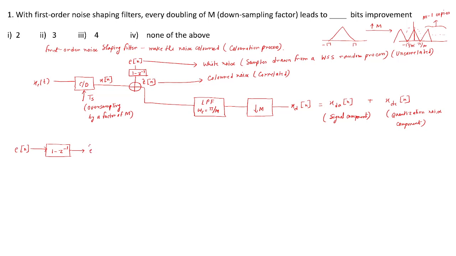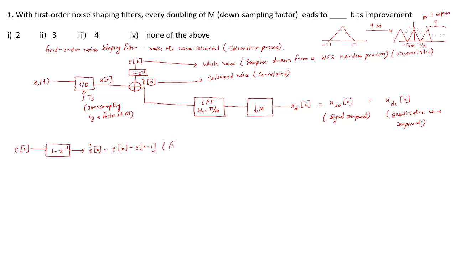Therefore, when I say e hat of n, you can clearly say by taking the inverse z transform, which is trivial, it is nothing but e of n minus e of n minus 1. The new samples are nothing but the first order difference between the original, uncorrelated sample at that instant, minus the sample of the previous instant.